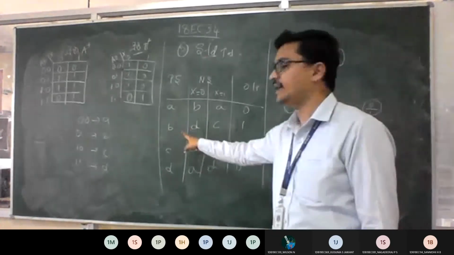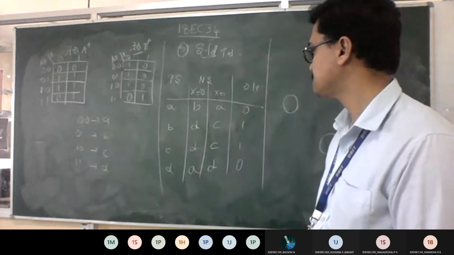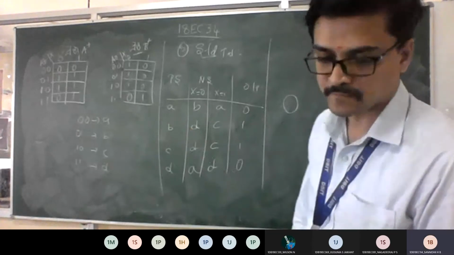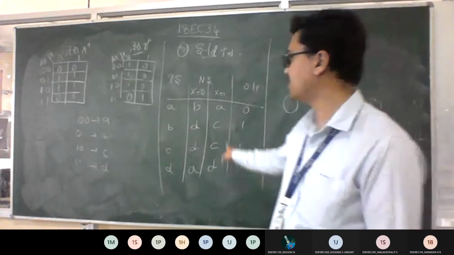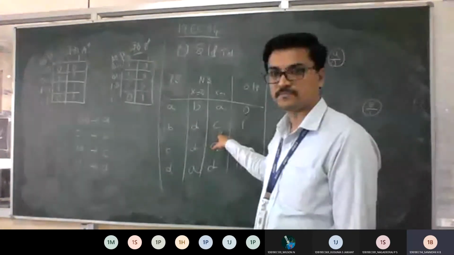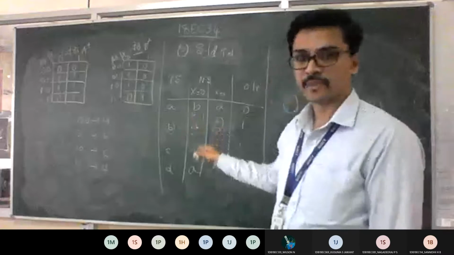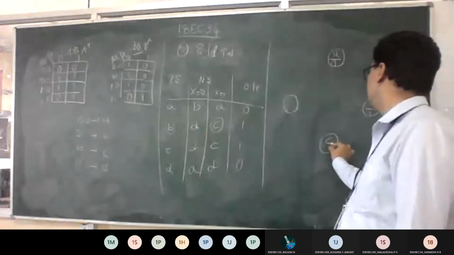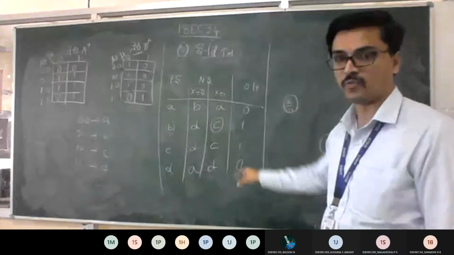Then B to C, yes, it's there for one condition. It means C will come here. What's the output? 1. And the last, B is here, 1, and output is 0.